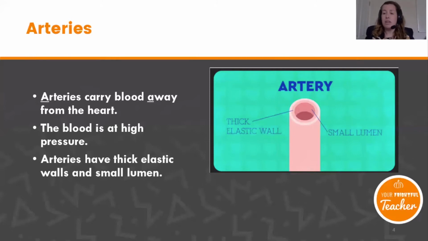They have a thin, small lumen to keep that pressure of the blood high, so the blood can get where it's going quickly, and your muscle cells can get lots of oxygen, and all the nutrients are traveling around nice and quickly. So key things: arteries carry blood away from the heart at high pressure. They have a thick elastic wall and a small lumen.